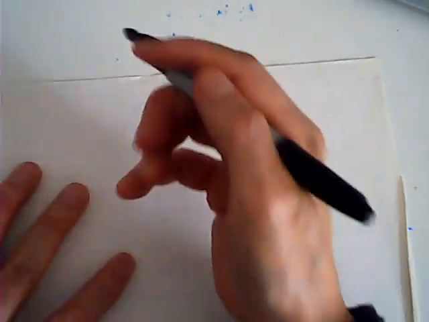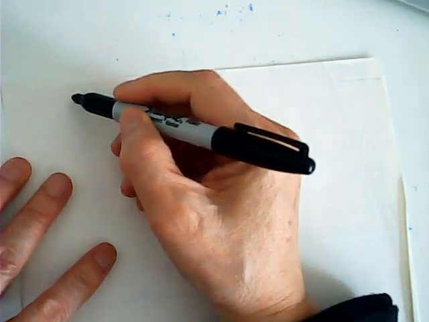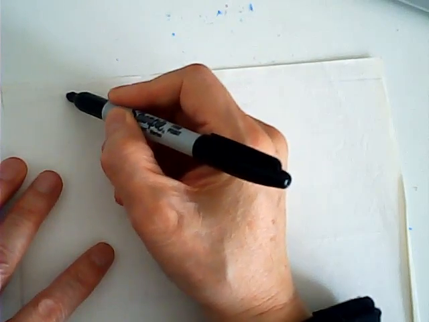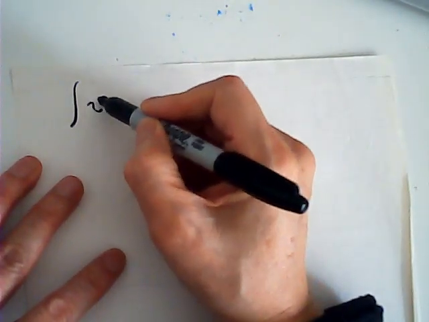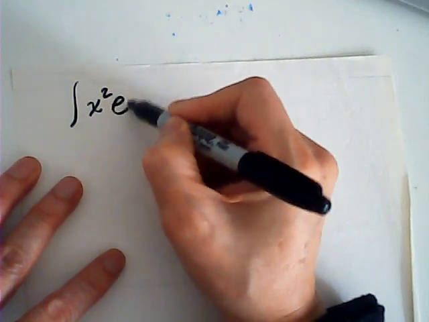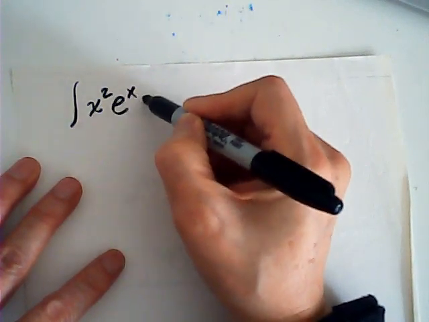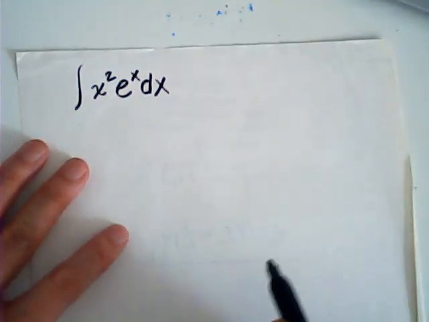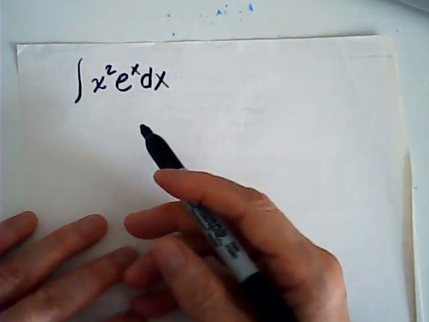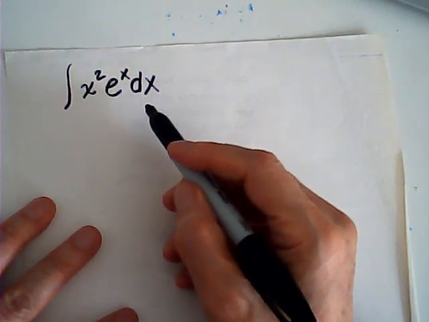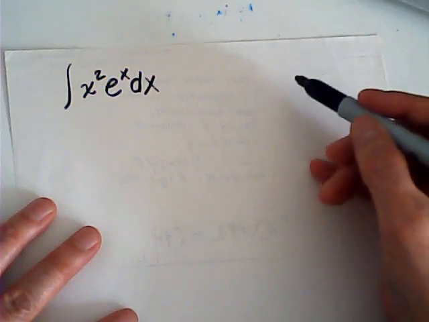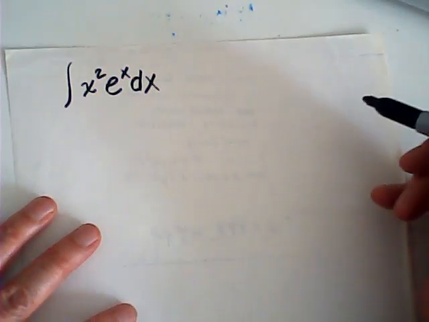Okay, let me show you examples. For example, you have the integral of x squared e to the x dx. Obviously, this integral is done by parts, right? But what I'm writing is that I do not write a u and a v.